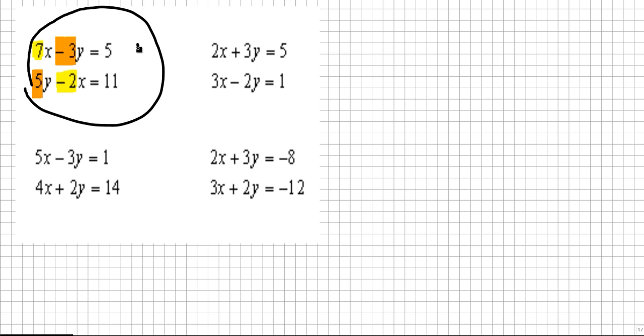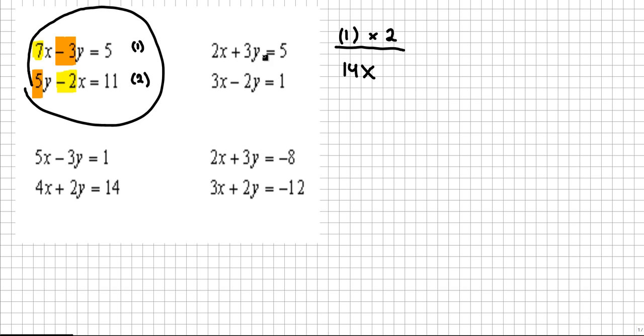First of all, before we start calculating, let's number these equations 1 and 2. So first of all, take equation number 1, times it by, to get 14 we need to multiply it by 2. 7x times 2, 14x.